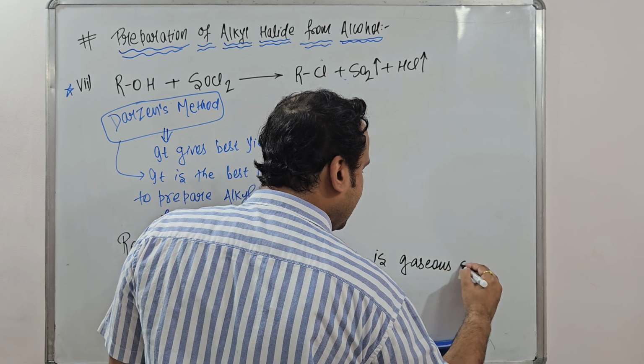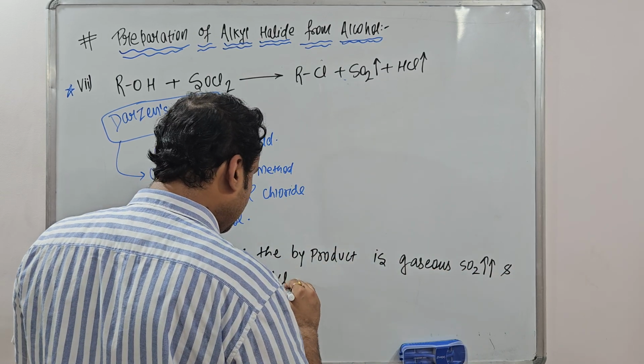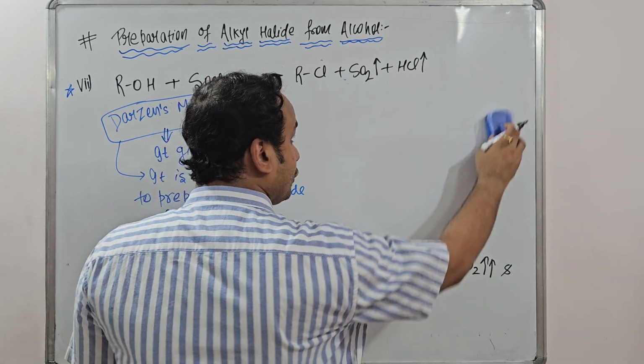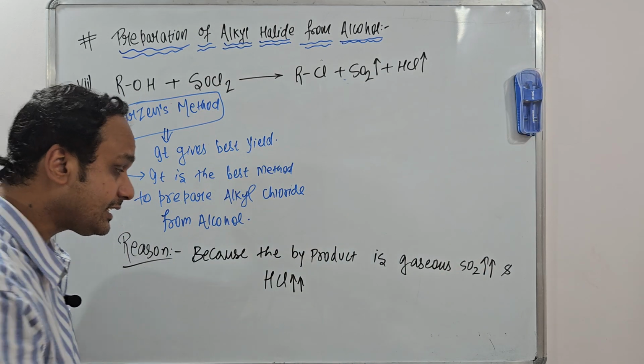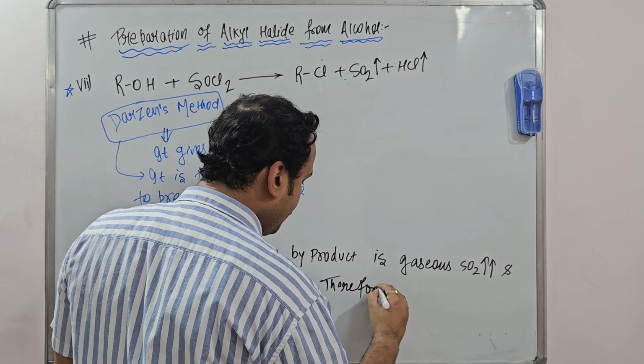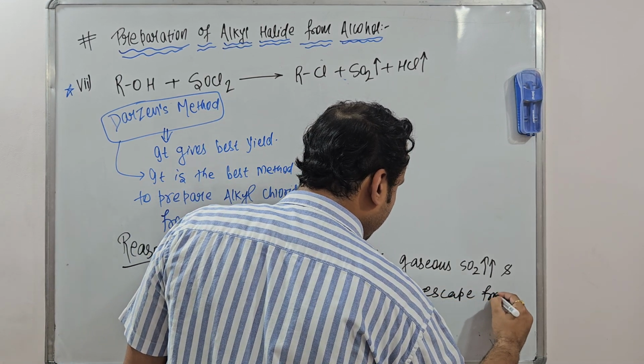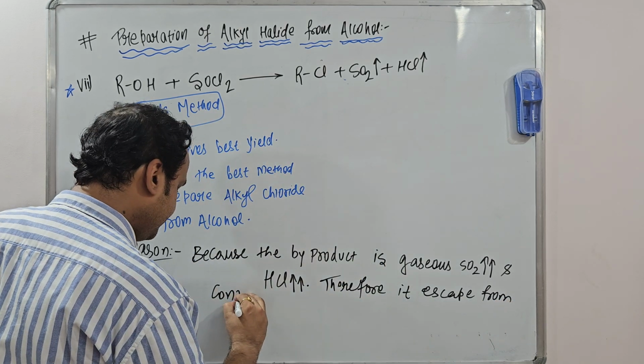That is, SO2 is gaseous and HCl is in the gaseous form. So the byproduct is gaseous, therefore it escapes from the container.